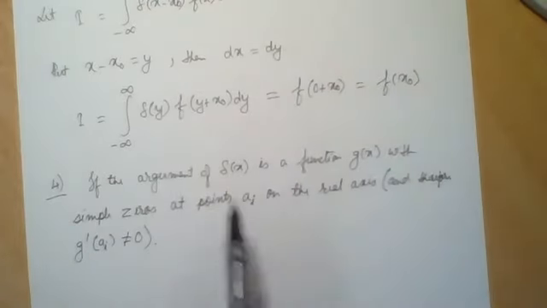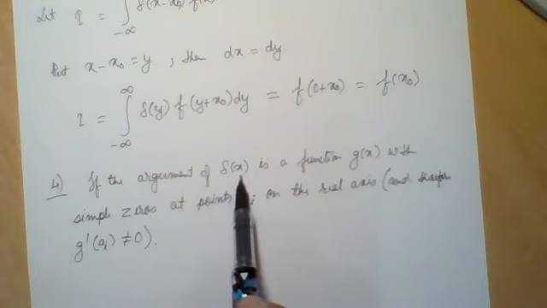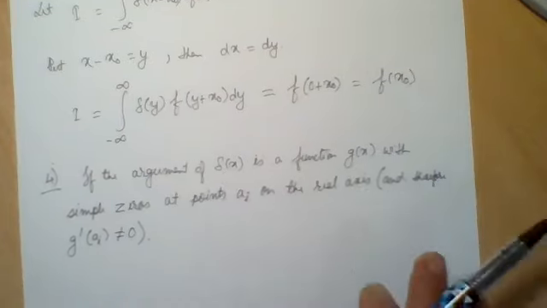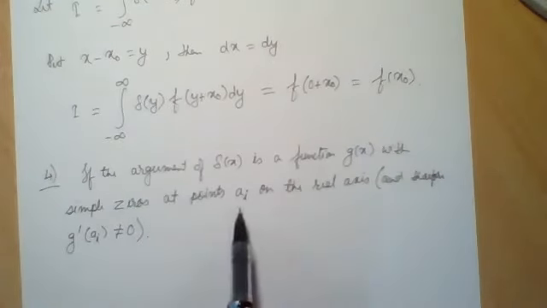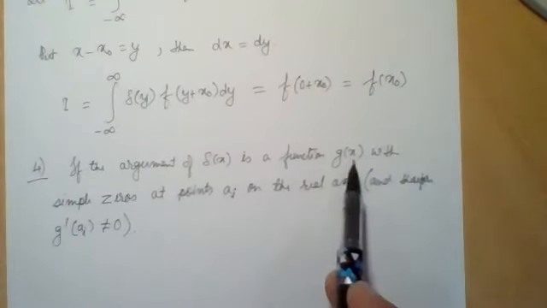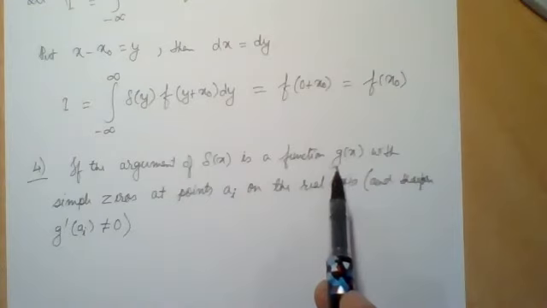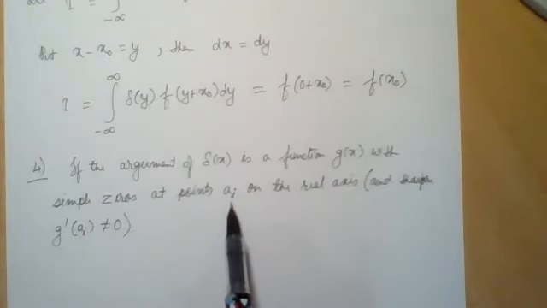Okay, I repeat, the argument of delta x, that is, instead of x, if we have a function g of x, and the function is such that it has simple zeros at the points ai. Simple zeros means when x is equal to ai, g will be 0. So ai means there can be more than one simple zero: a1, a2, a3, a4, a5, and so on.